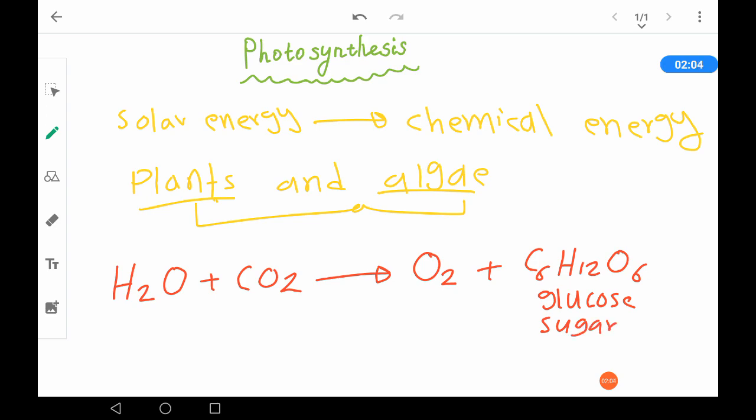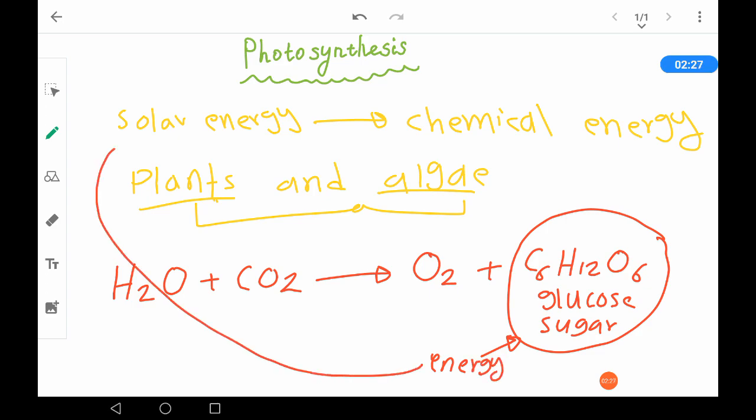The energy will be stored in the chemical bond of this glucose molecule, and many glucose molecules combine to form starch, and finally we eat this starch, which contains energy. This energy comes from the sun. So this is about the photosynthesis process.